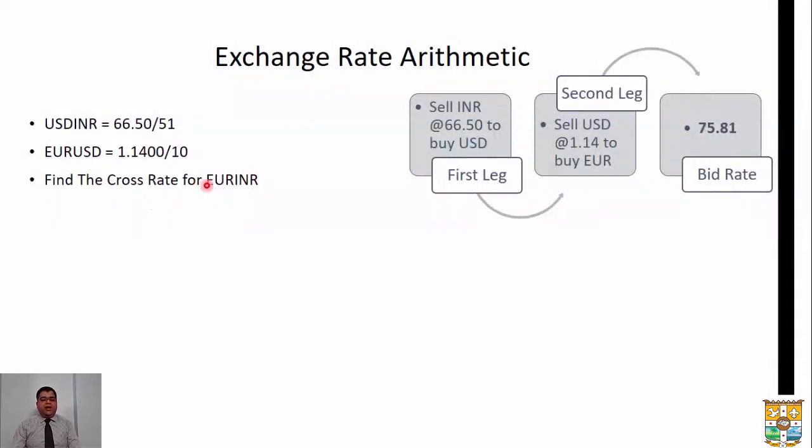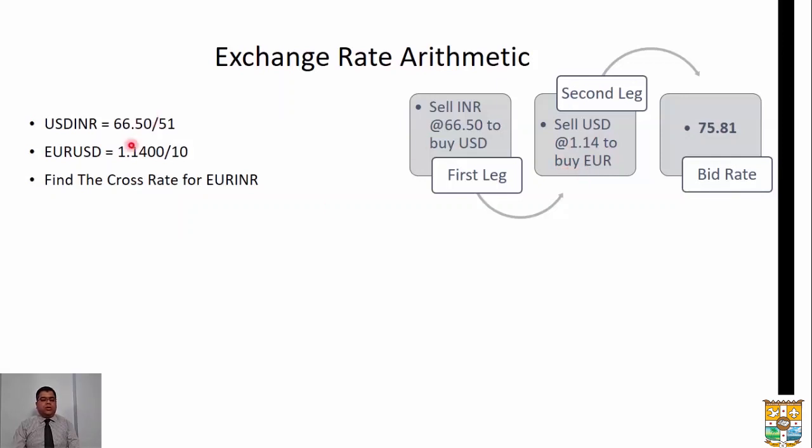To understand the bid rate, we will first sell INR to buy USD. So we will sell INR at rupees 66.50 to buy USD, and thereafter we will sell that USD at 1.1400 to buy euro.